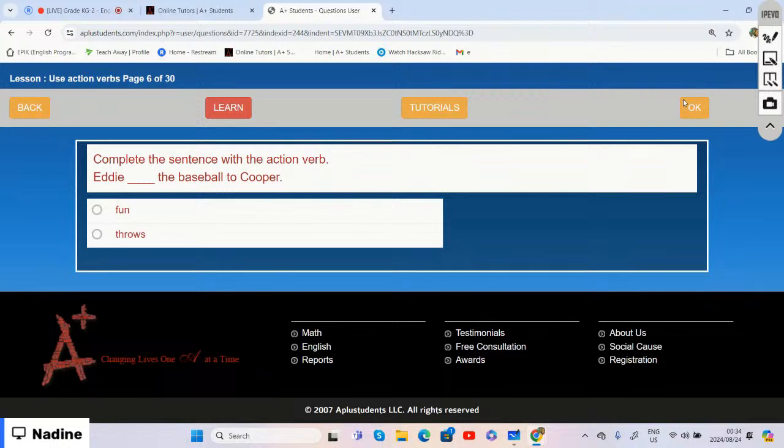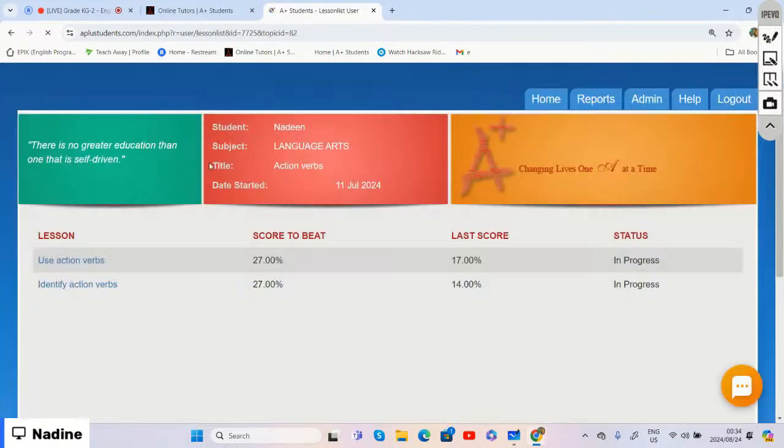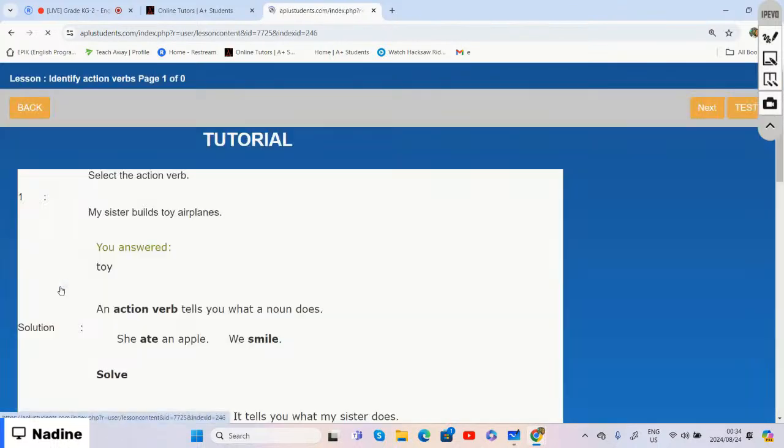All right. So now we're going to identify action verbs. We had to use action verbs. Now we're going to identify action verbs within our sentences. And once again, an action verb tells us what the noun does.